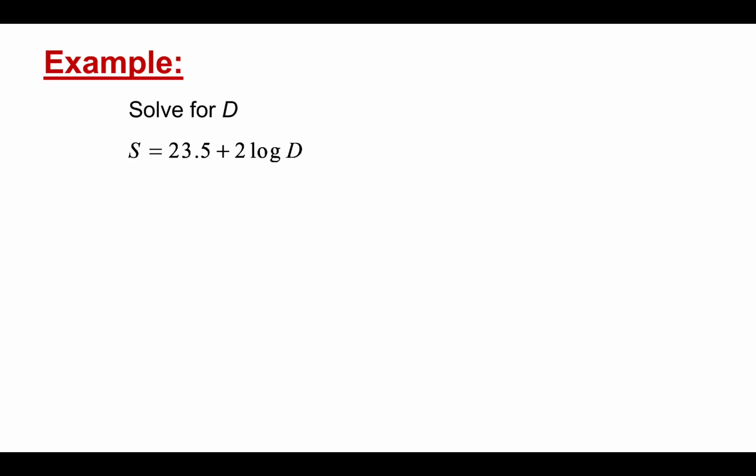So here we're just solving for D, just the basics at this point. If there's something I'm looking for, can I solve for it? And the answer is yes. So again, I need to isolate my log, so I have just the log by itself.